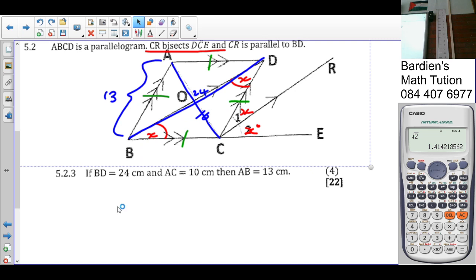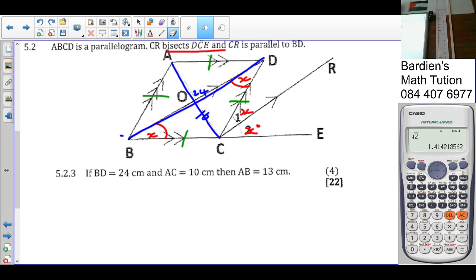The question reads: prove that if DB is 24 and AC is 10, then AB is 13. So in other words, we must prove this part. In our calculation, we're not going to use the fact that AB is 13. We must, in conclusion, come to AB being 13.